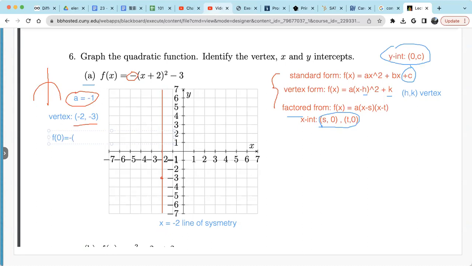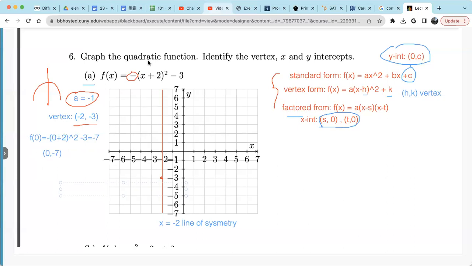We have 0 plus 2, squared, minus 3, with the negative sign in front. 0 plus 2 is 2. 2 squared is 4, but we have a negative sign before, so negative 4 minus 3 is negative 7. So our y-intercept is 0, comma, negative 7.